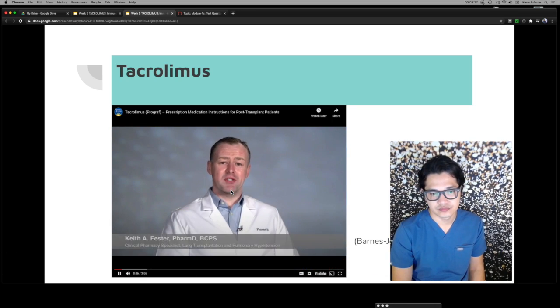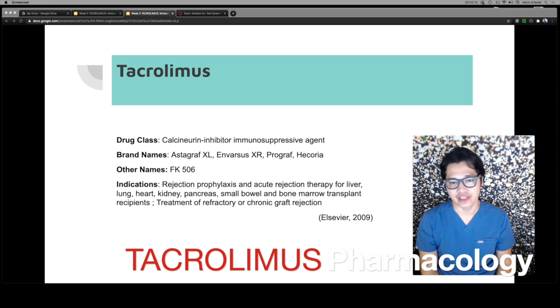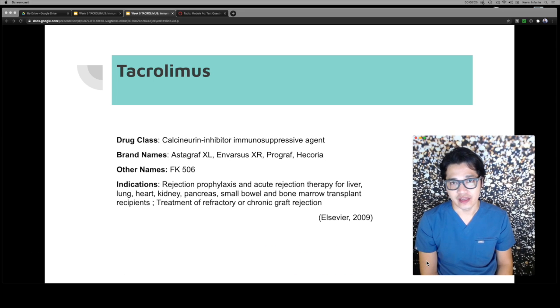Hello, I'm Dr. Keith Fuster. Tacrolimus is classified under the calcineurin inhibitor immunosuppressive agent category. Brand names include Astagraf, Envarsus, Prograf, and Hecoria, and another name for tacrolimus is FK506. Indications for tacrolimus use include rejection prophylaxis and acute rejection therapy for liver, lung, heart, kidney, pancreas, small bowel and bone marrow transplant recipients.